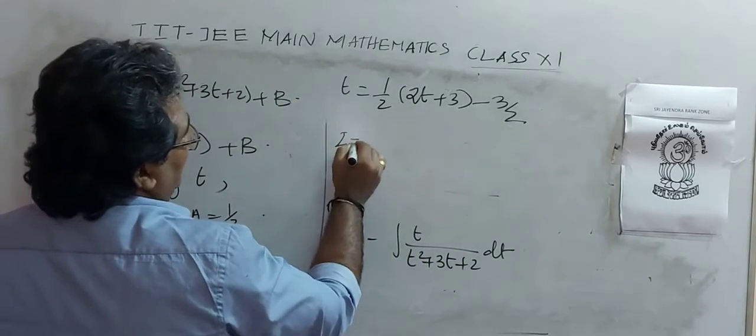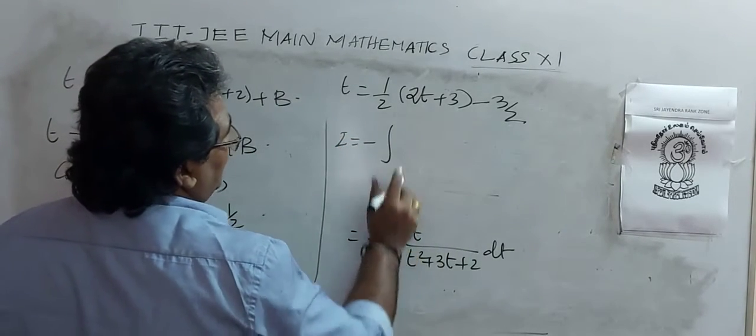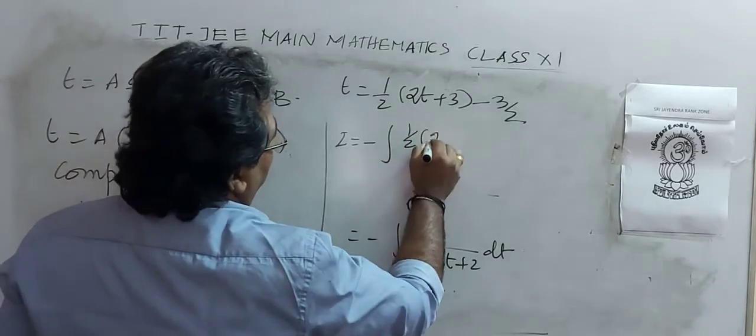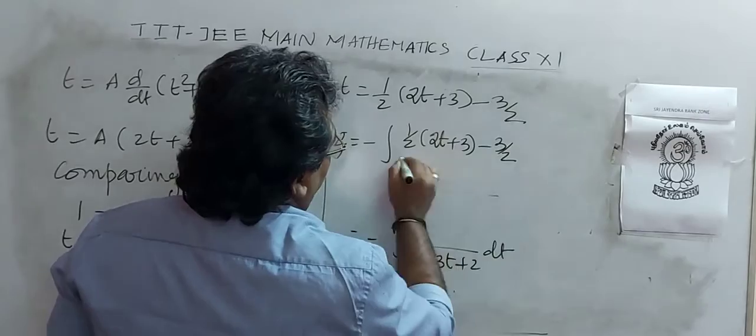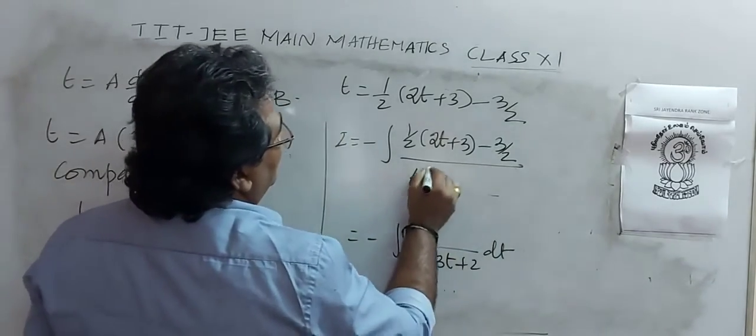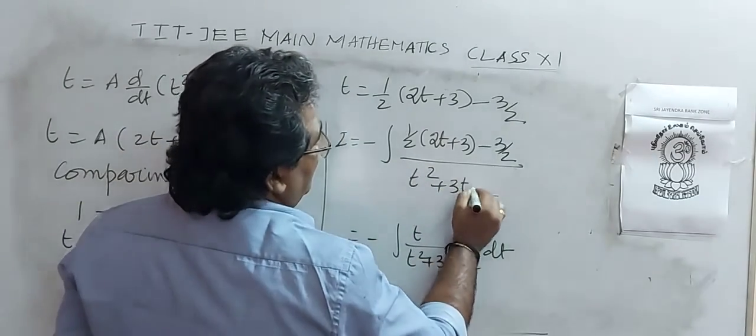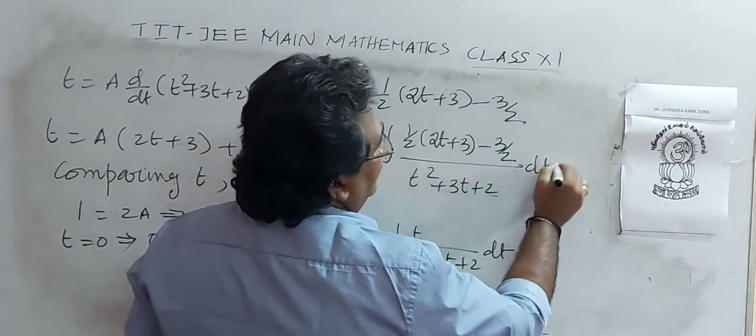So I equal to integral, in place of t, 1 by 2 into 2t plus 3, minus 3 by 2, by t squared plus 3t plus 2 into dt.